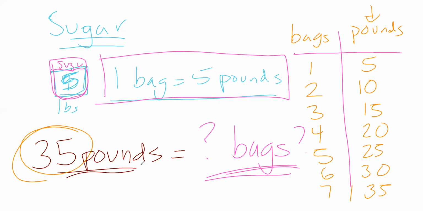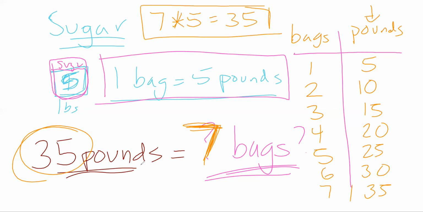If you had 35 pounds, you're going to have 7 bags of sugar. This shows me that 7 bags at 5 pounds each equals 35 pounds total. So there's the multiplication sentence. This is the whole idea around how we can use a table to help us solve using multiplication.